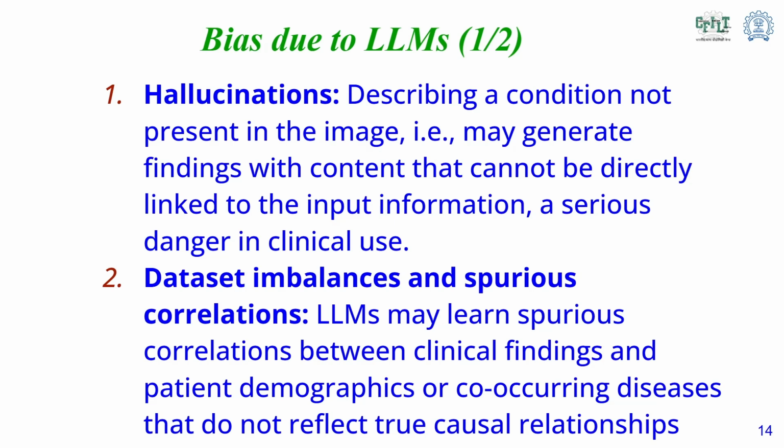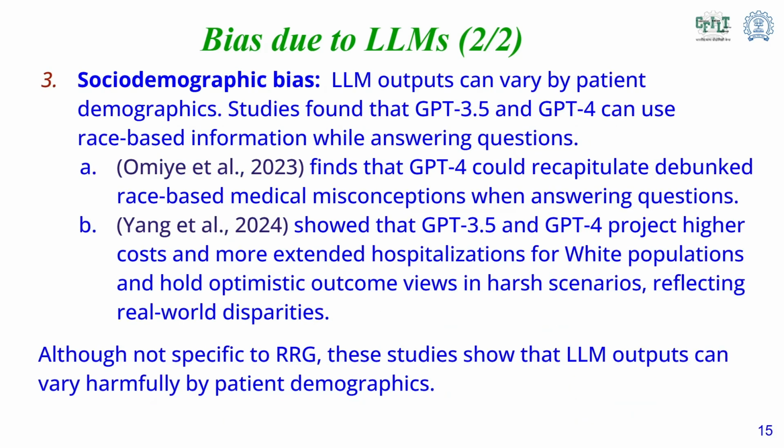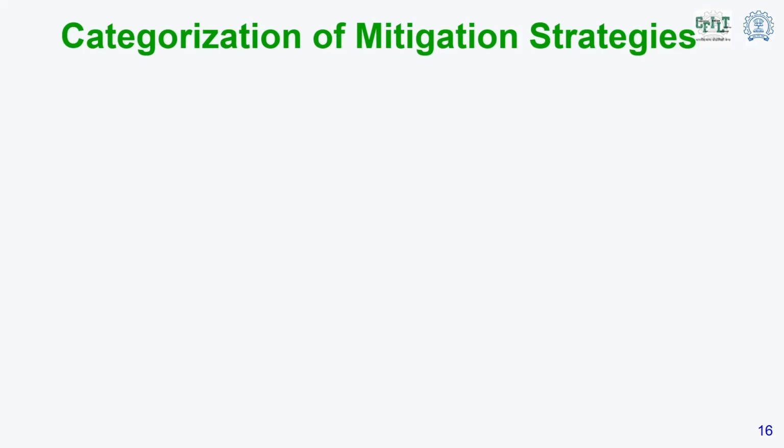Then comes dataset imbalances, as we saw that LLMs may learn spurious correlations because of datasets, and this can be reflected in the reporting phase. Then comes socio-demographic bias, where studies have found that LLM outputs can vary by patient demographics, and this concerns RRG.